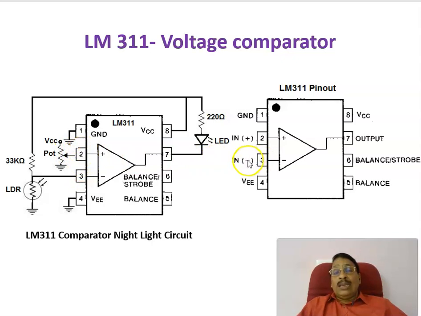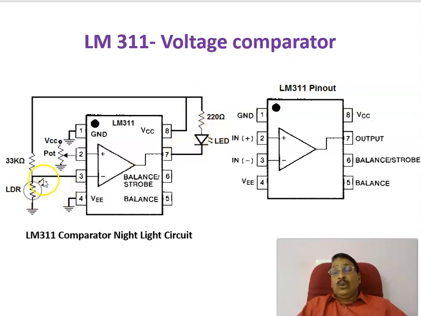The voltage at the inverting terminal is then more than at the non-inverting terminal, so the output changes to ground voltage, a current passes through the LED, and the LED glows.